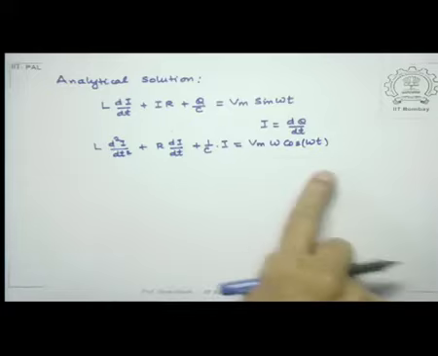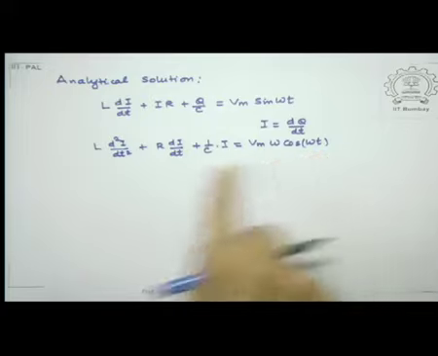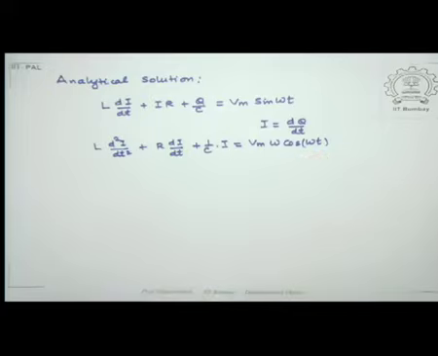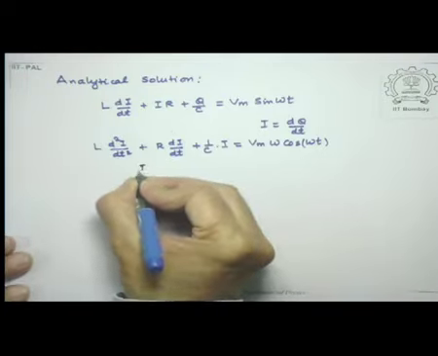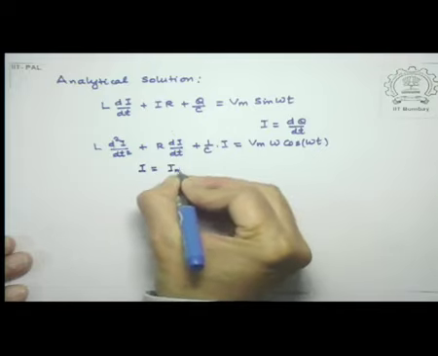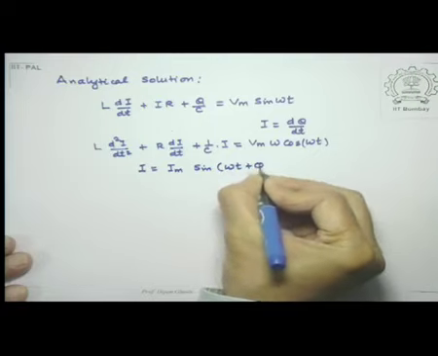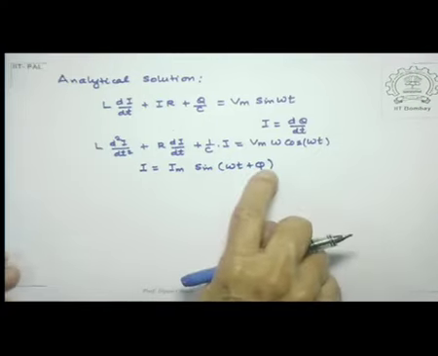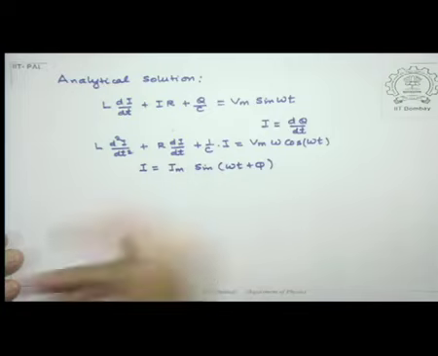So look at this equation. The right hand side is a trigonometric function, and on the left hand side I have got current I and its differentiations once or twice with respect to time. So what I do is I assume a solution of this form: I is equal to Im sine of omega t plus phi, where phi, as I have explained several times, is the phase by which the current leads the voltage.